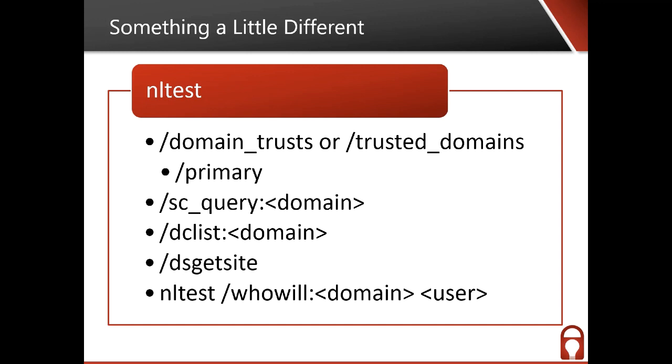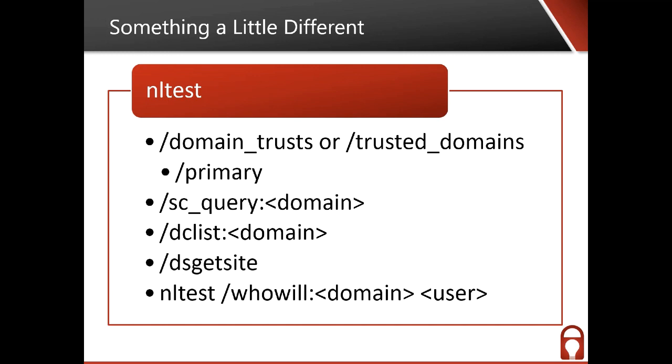Now, a site is a method of a replication boundary. It's a way of making sure that devices go to the closest domain controller to them network-wise. This is important because there are going to be times when you are going to be querying the domain for information, and if you just use the raw domain name as what you want to connect to, you may go across the world or across the continent depending on how big the network is.